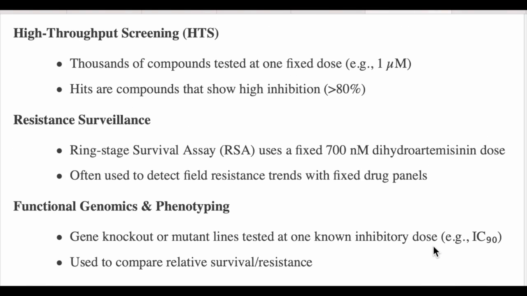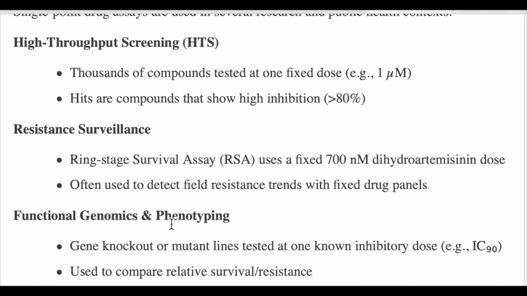Then in functional genomics and phenotyping, you may just pick one single dose to assess whether your gene knockout or mutant lines are sensitive or insensitive to a drug that you're testing. So here your gene knockout or mutant lines are tested at one known inhibitory dose, for example, at an IC₅₀ dose. And here you use it to compare relative survival or resistance. So single-dose assays are time-efficient and cost-effective, especially for large-scale studies or preliminary screens.